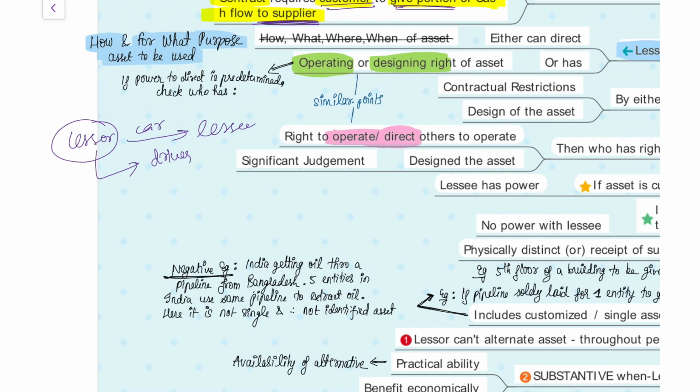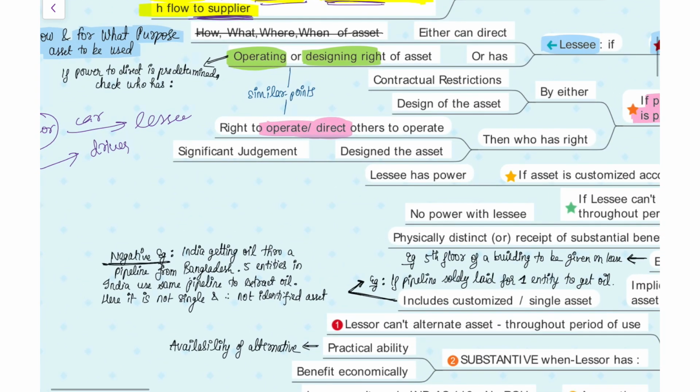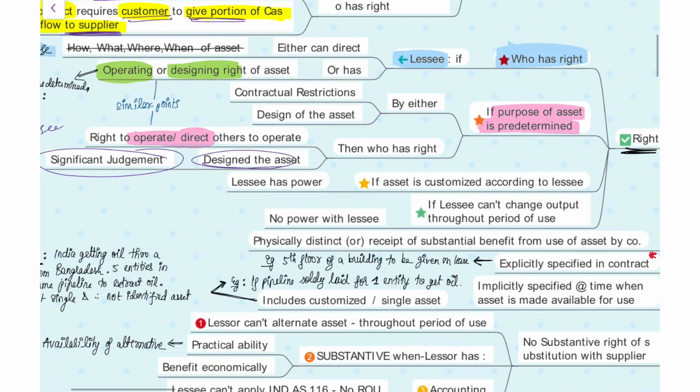Now if the lessee has the right to tell the driver, the person who is operating the asset, whether, how, when and where he has to go, then in such case we can say the lessee still has the right of the asset. And if the lessee had taken an active part in the designing of the asset, that is, a significant judgment was with the lessee, then in such case also the lessee has the right.